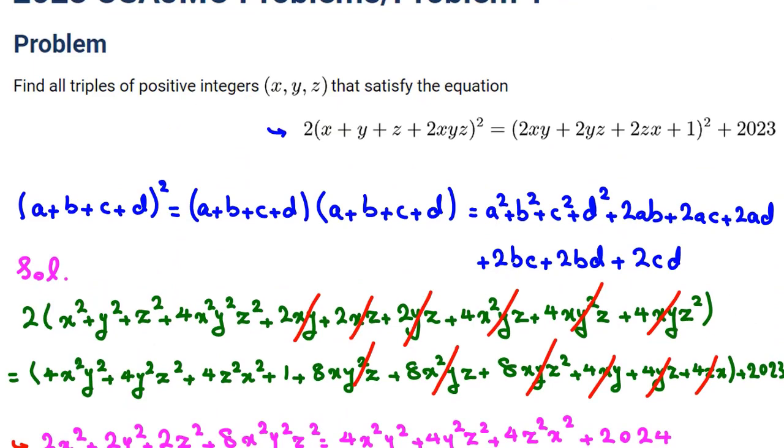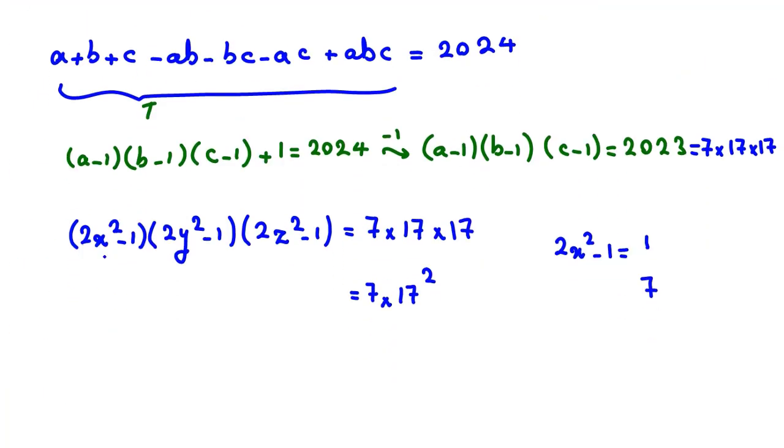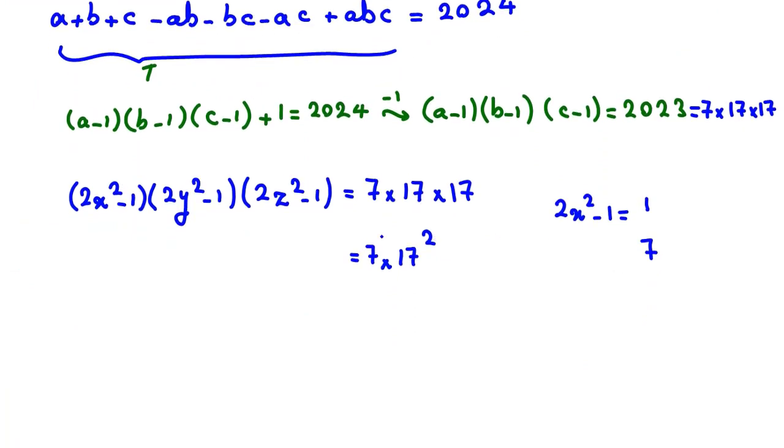Yes, positive integers, so each of them is at least 1, and 2x squared minus 1 is at least 1. So we should only focus on positive divisors. For the number of positive divisors, you add 1 to the powers and multiply. Because a divisor can have 7 to the 0 or 7 to the 1, 2 cases, and 17 to the 0, 17 to the 1, or 17 squared, 3 cases. So we have 6 divisors.